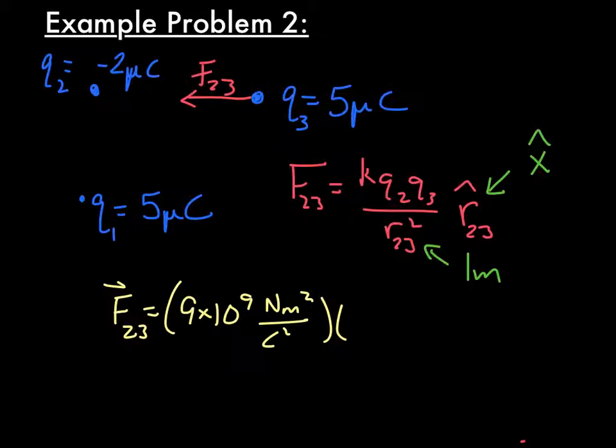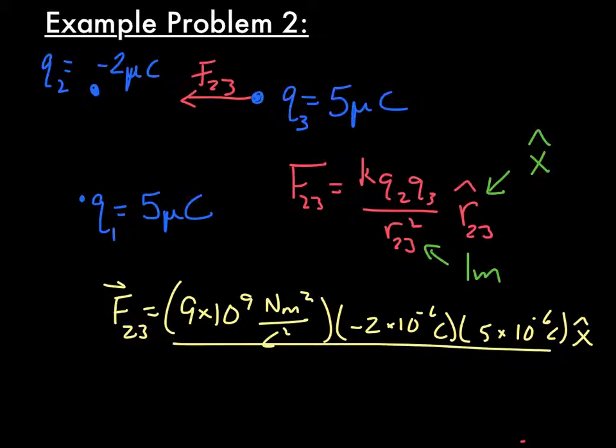times Q2. So this is minus 2 times 10 to the minus 6 coulombs. Q3, so 5 times 10 to the minus 6 coulombs, x hat over the distance, so this would be 1 meter squared.